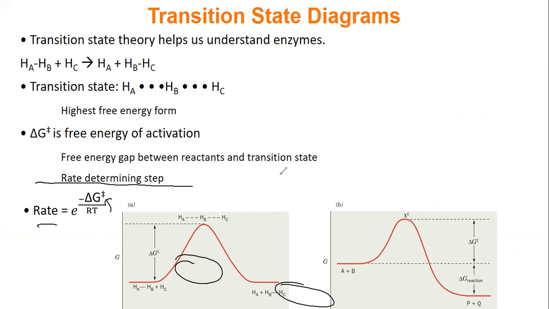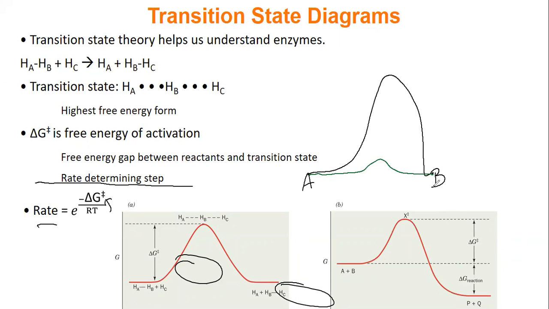The way I always think of it is running up a hill. So imagine that you're at point A and you want to go to point B. You have two paths. You have this path, or you have that path, and both of those are hills that you have to run up. Which path is faster?